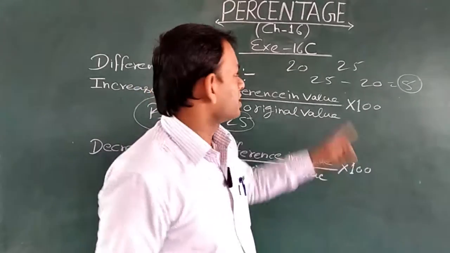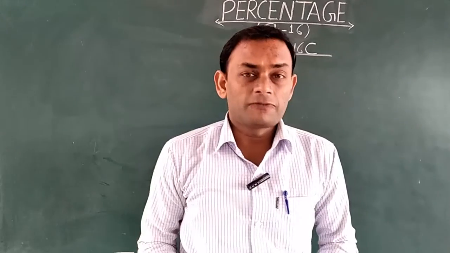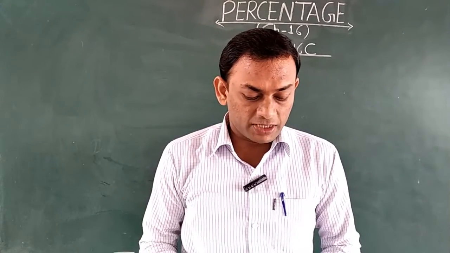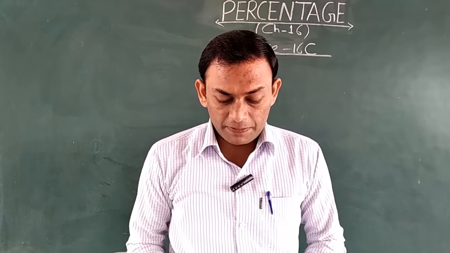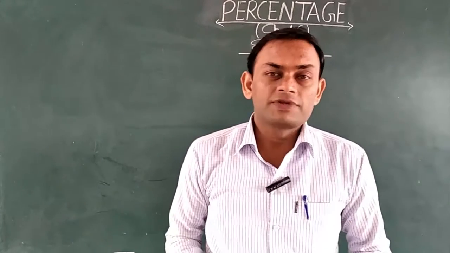Now we will start the exercise 16C. The first question of this exercise is saying the price of the rice rises from 30 to 36 rupees per kg. Find the percentage rise in the price of the rice.